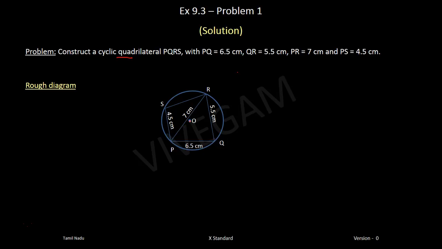Then we draw the perpendicular bisector of QR and the perpendicular bisector of PQ. They will intersect at one point, and that is O, the center of the circle. With O as a center and OP as a radius, or OQ, or OR, all three will be equal, we draw a circle. We have already got 3 points. The fourth point is required, and PS is 4.5 centimeter, and since it's a cyclic quadrilateral, all 4 points will lie on the circle.